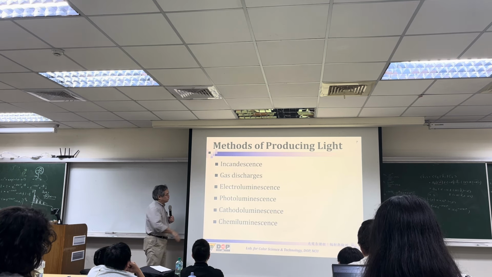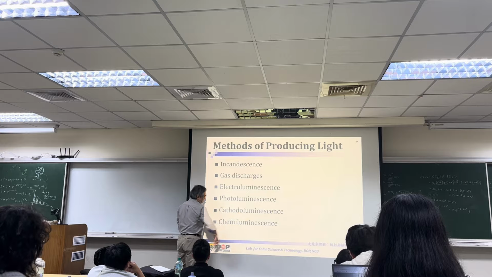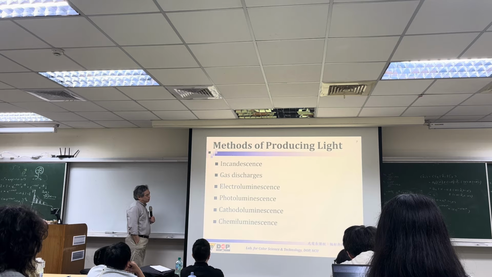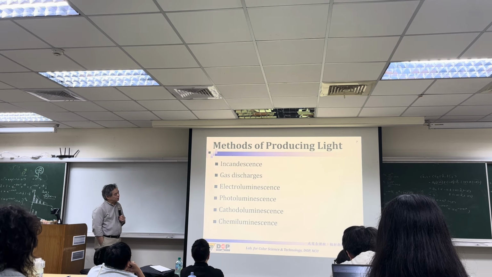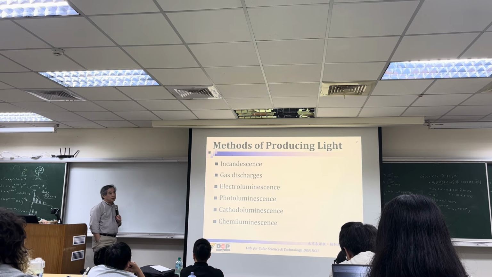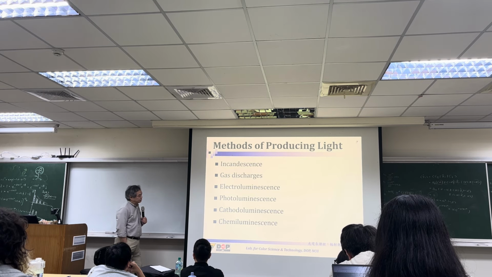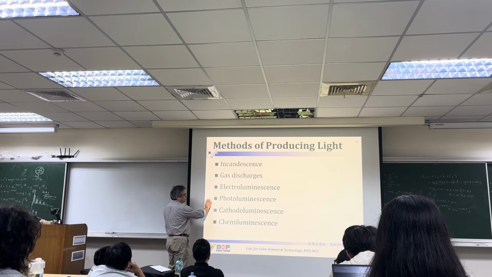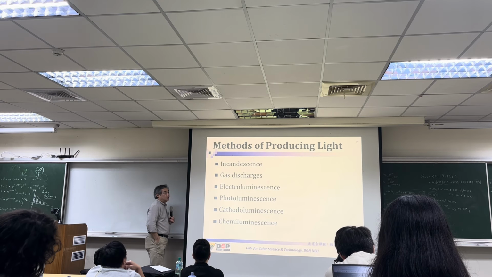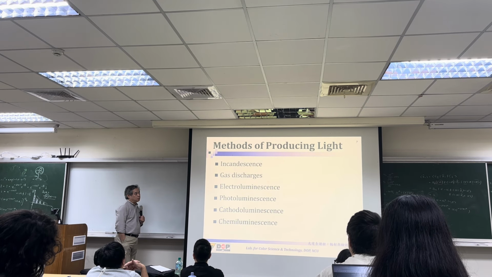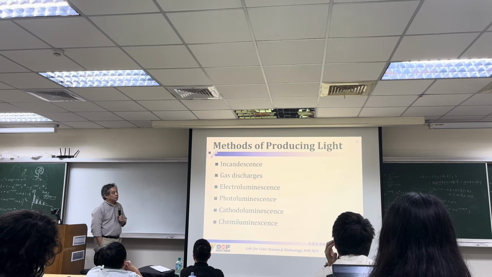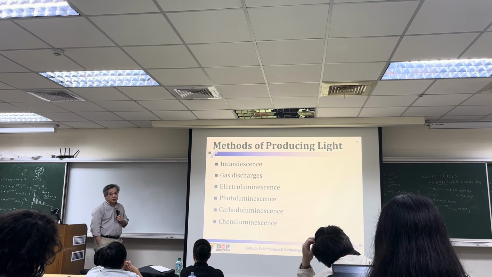And the photoluminescence principle, it is the light created by another kind of light. So this is light creating other light. The most common example is the fluorescence light.